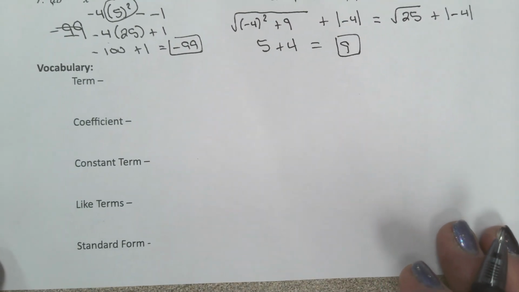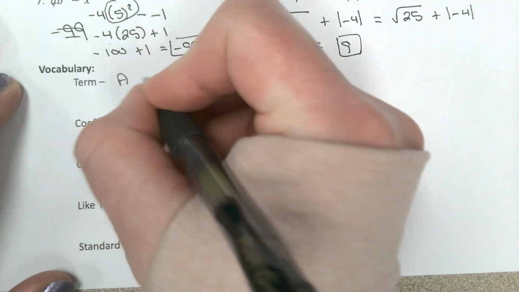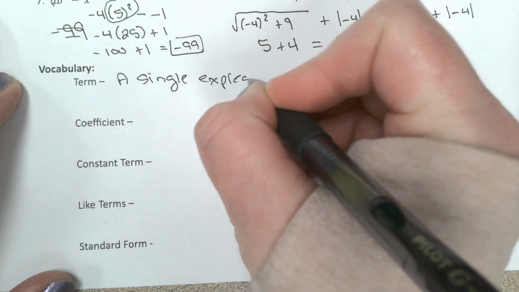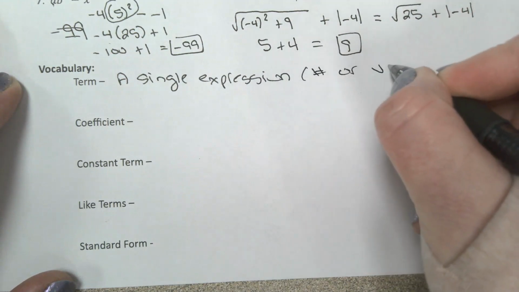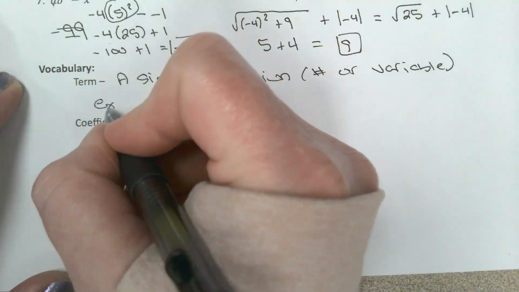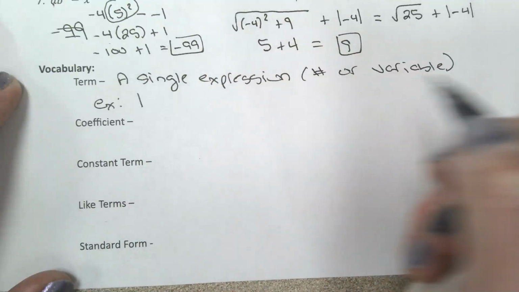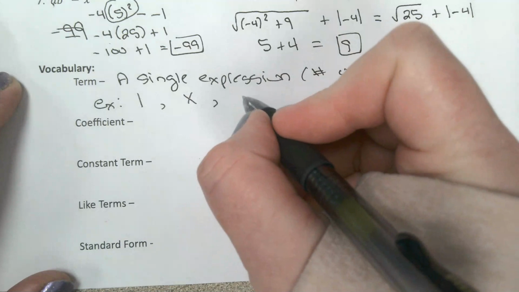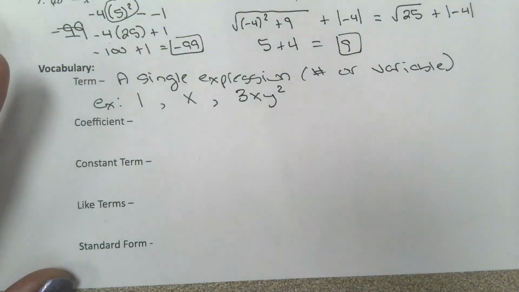We have some terms that I would like to do. A term is a single expression. It can be a number or a variable. So for example, I have 1, that's a term. X is a term. 3xy squared is a term.